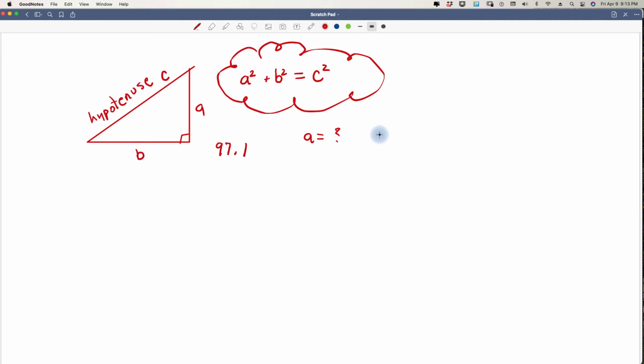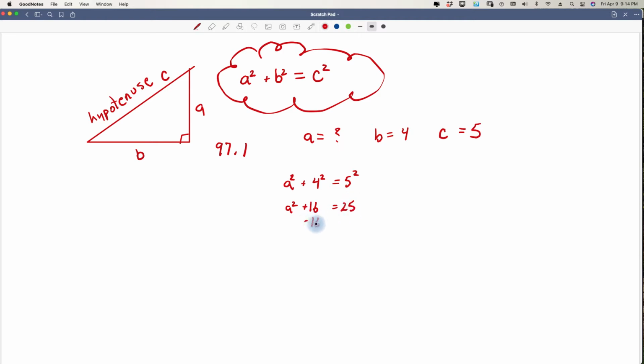B is 4 and C, or the hypotenuse, is 5. So we're going to drop those in. We'll make our buckets just like we normally do. We don't know what A is, so it remains A squared. B squared is 4 squared, and C squared is 5 squared. So that becomes A squared plus 16 equals 25.